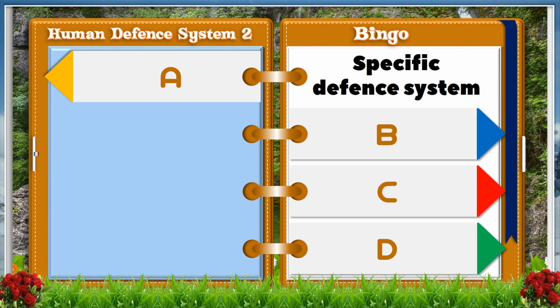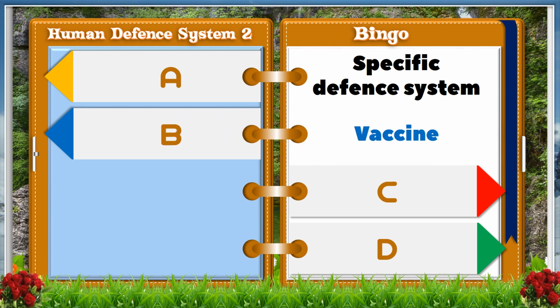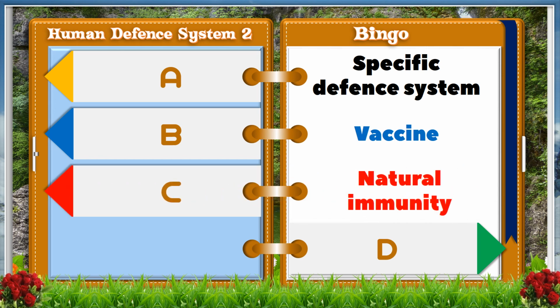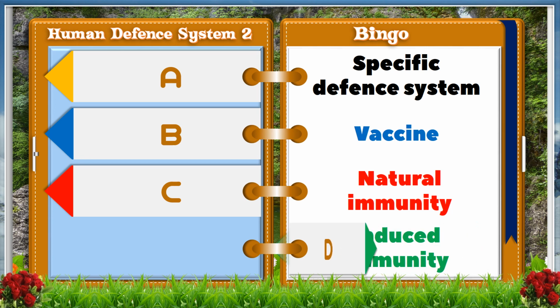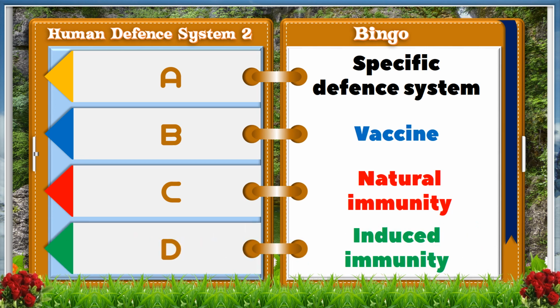A. Specific defense system, B. Vaccine, C. Natural immunity, D. Induced immunity. And the answer is A, specific defense system.